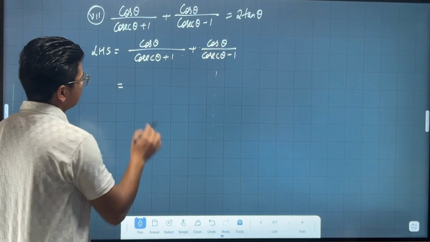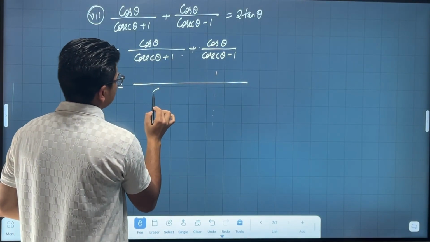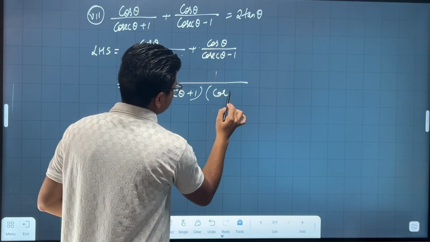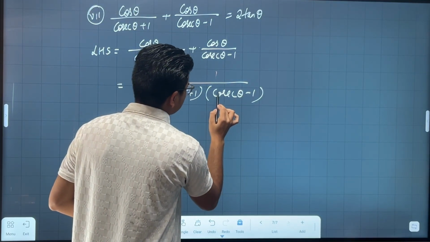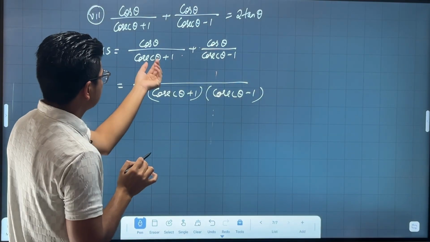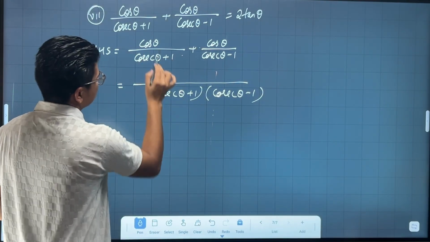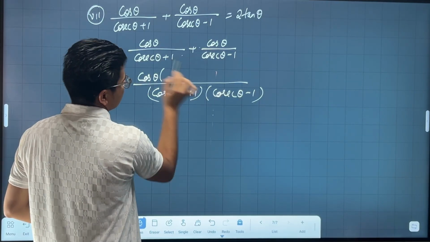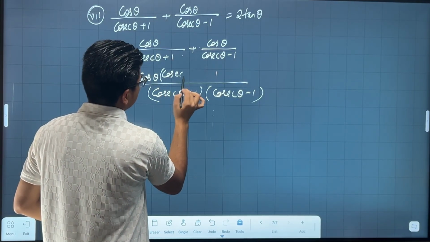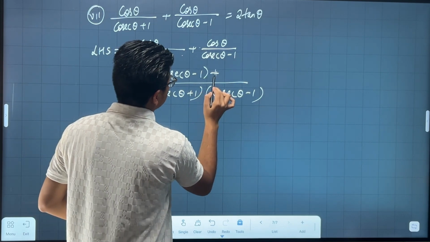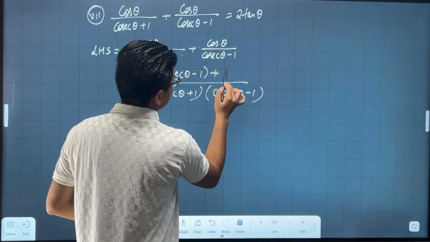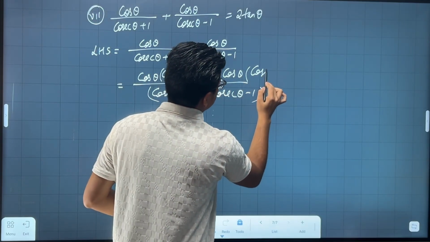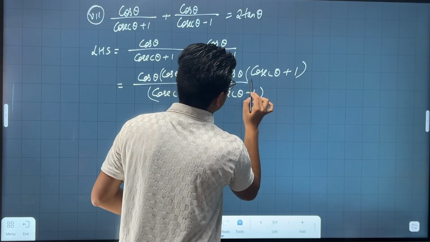On the left hand side this is given directly, you can take the LCM, cosec theta plus 1 into cosec theta minus 1. Now further cosec theta plus 1 is already there, so you have to multiply cos theta with cosec theta minus 1, then plus cosec theta minus 1 is already there, so you have to multiply this cos theta with cosec theta plus 1.